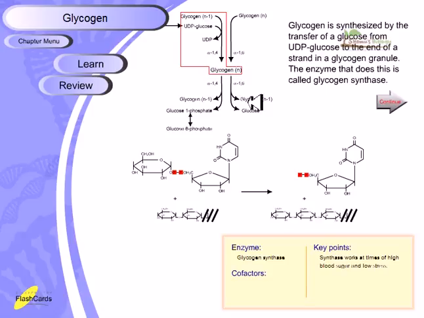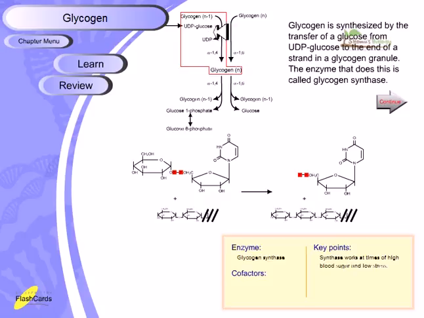Glycogen is synthesized by the transfer of glucose from UDP-glucose to the end of the strand in the glycogen granule. So we have glycogen n-1 and we have UDP-glucose. Now the glucose is transferred to the glycogen, a shuffling of glucose. UDP is released.